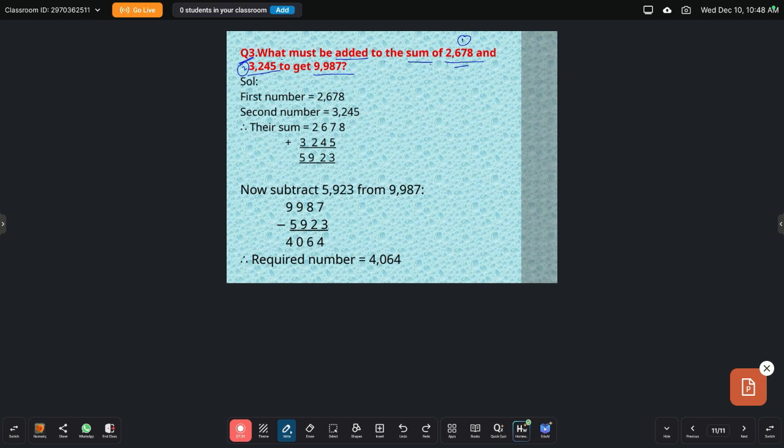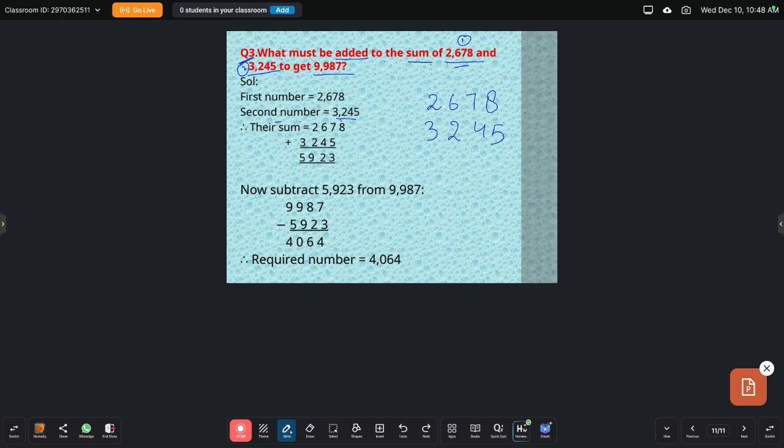9987. Okay. So here, first of all, we will write first number. What is the first number? Here the first number is 2678. What is our second number? Second number is 3245.